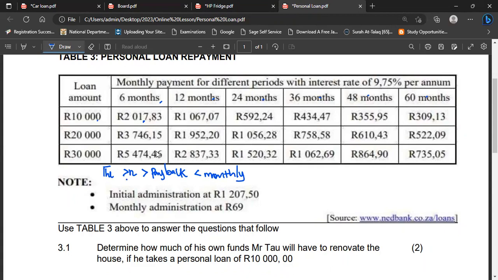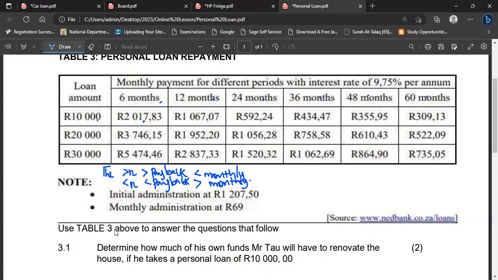Whereas the smaller the period, the smaller the payback, but your monthly repayment will be big. That's what I want you to know here.